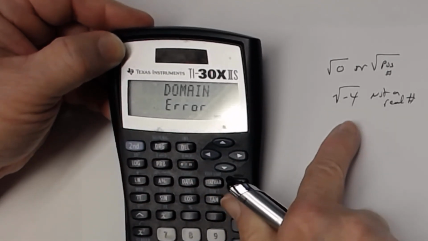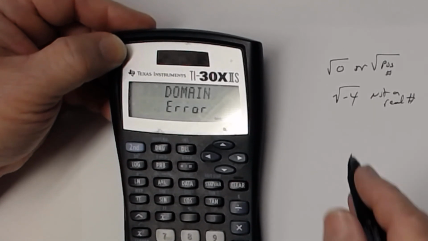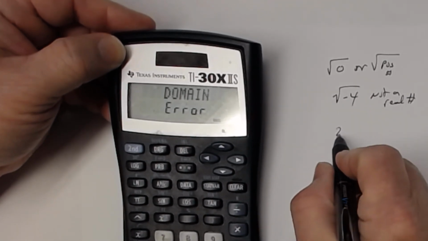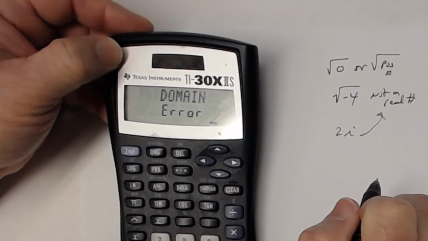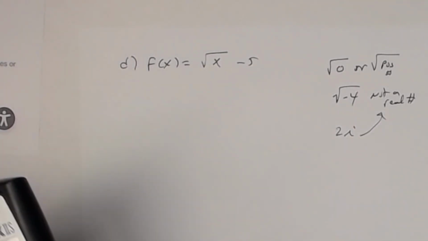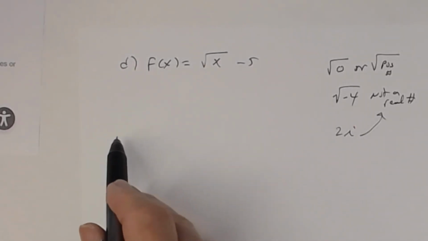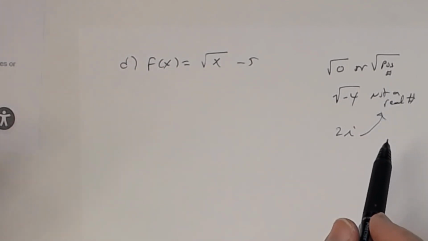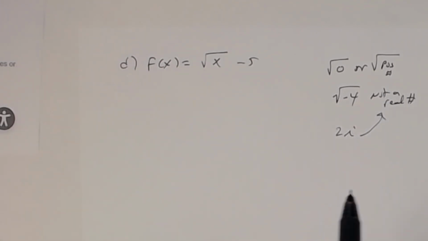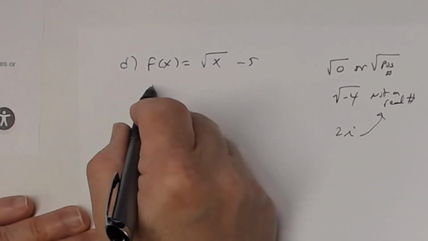You learned that the square root of a negative 4, you can think of in terms of imaginary numbers, right? So that would be 2i here. Remember, 2i is not a real number. That's an imaginary number. When we graph these functions, we always use real numbers, not imaginary numbers. All right, so when graphing this, I want you to know something. Use a t-table.